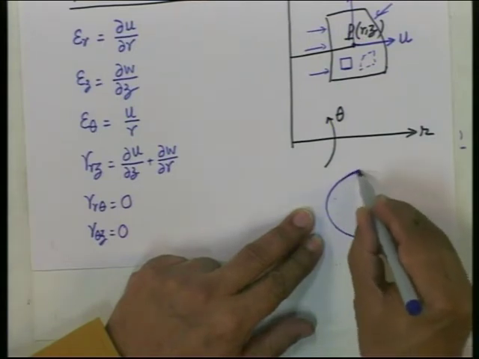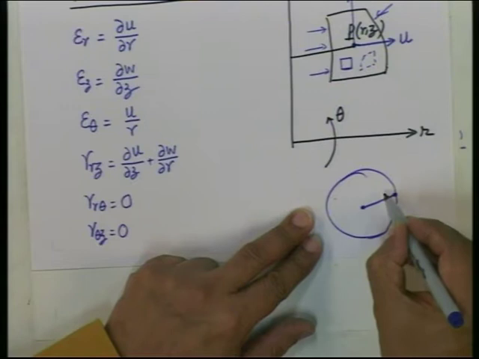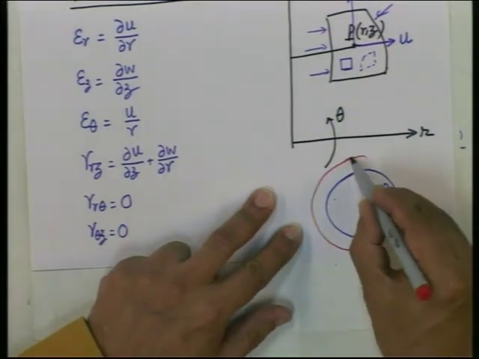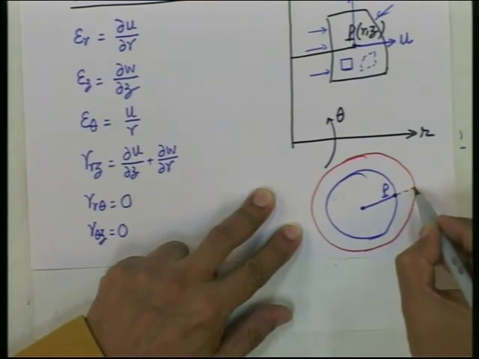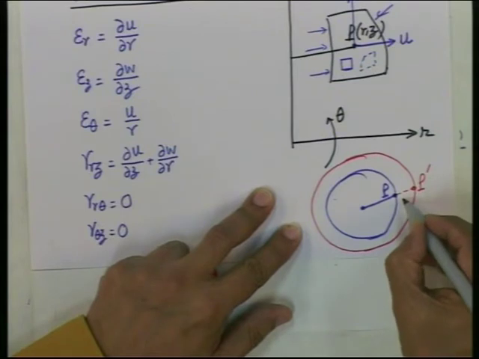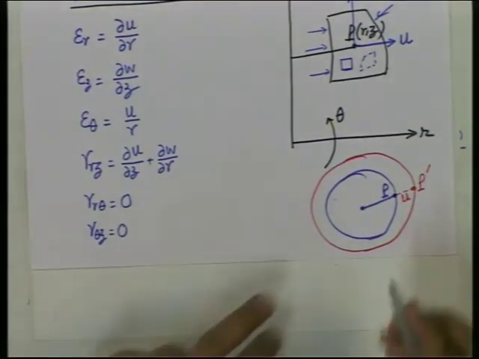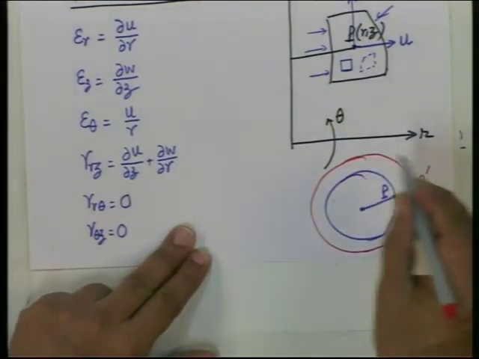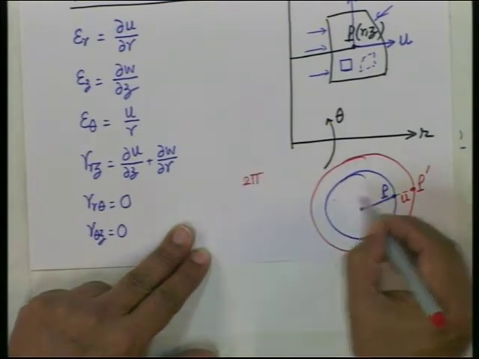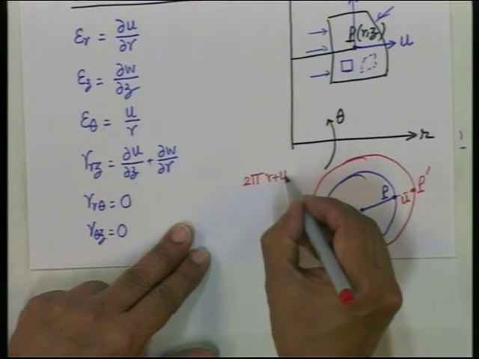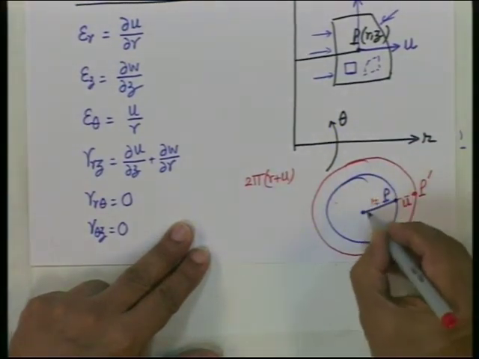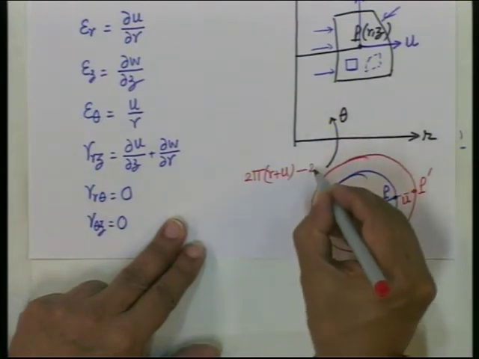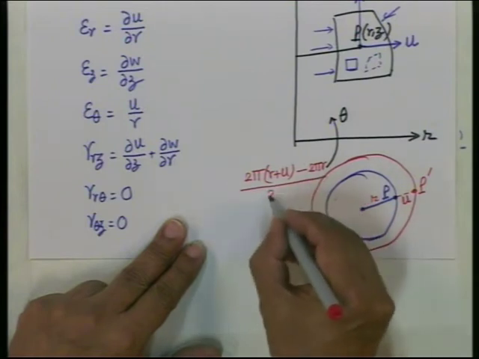So, if there is an original circle like this, with any particle P here, after the loads are applied, this circle becomes only a larger circle, so this particle will move to P dash, and this will be the displacement u of particle P. So, the circumference will change: 2 pi (r plus u) is the final circumference, minus the original circumference 2 pi r, divided by the original circumference 2 pi r.